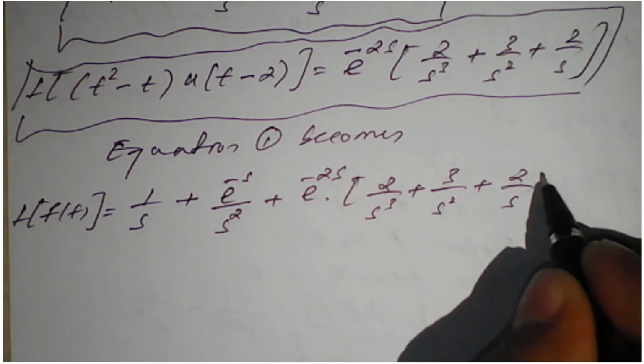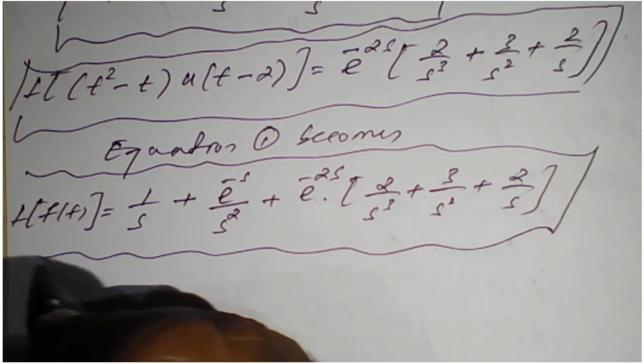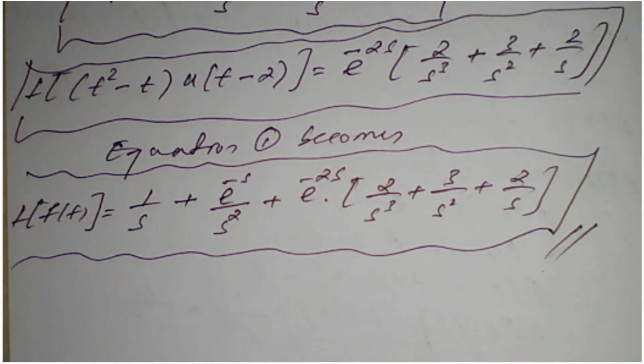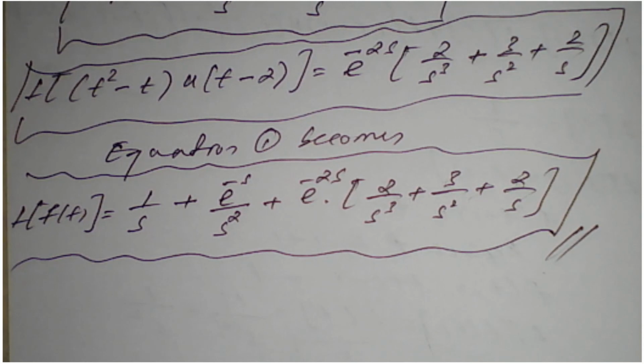So this is the result. So this is the required solution of the given function f of t. So we have got the expression for unit step function and we got the Laplace transform of this. So in this way we need to simplify the examples of the given function f of t in various types.